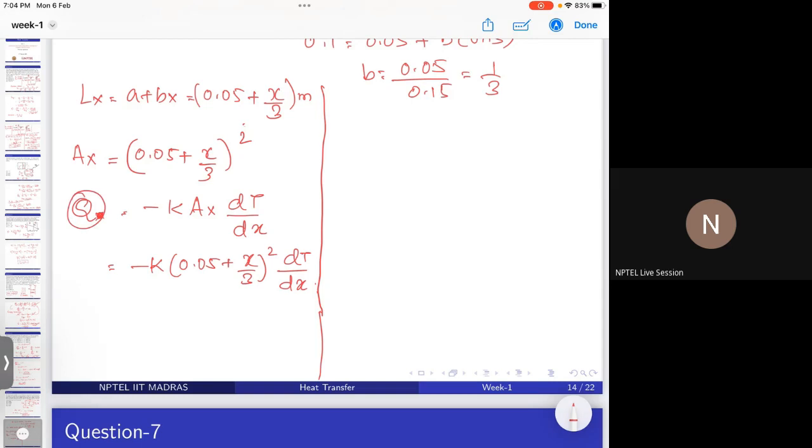Q is constant, K is constant, T is varying. So it becomes a function of T and x.